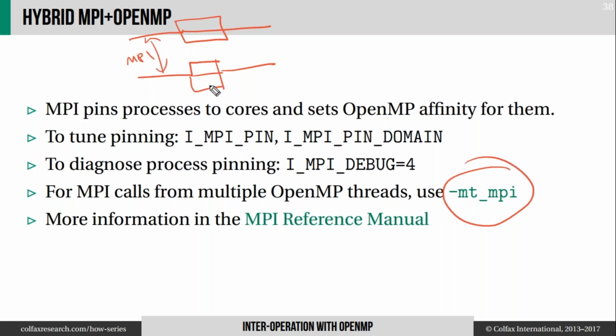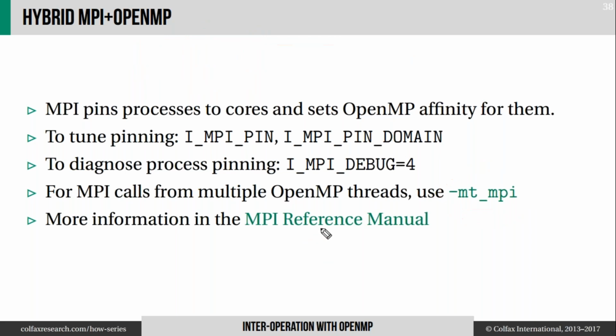It is also possible, optionally, to communicate from inside the parallel regions. But to do that safely, you need to link with the multi-threaded version of MPI. For that, use MT-MPI. More information is in the reference manual. The links in my slides are clickable.